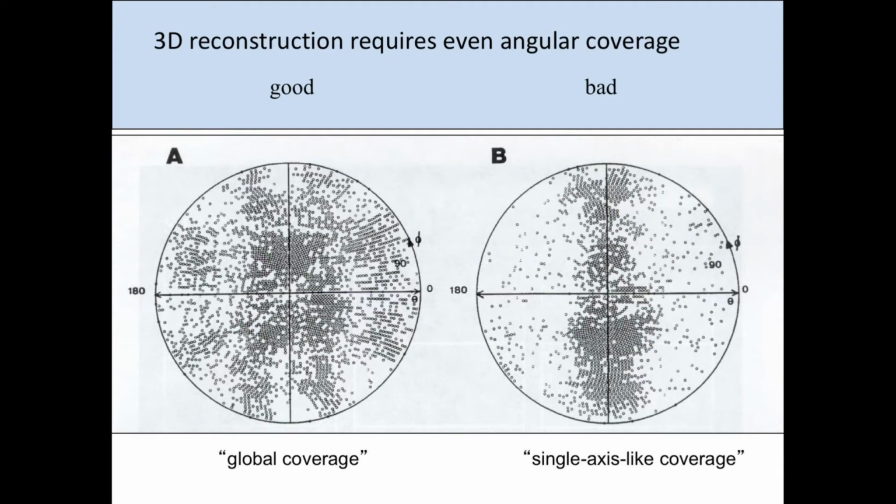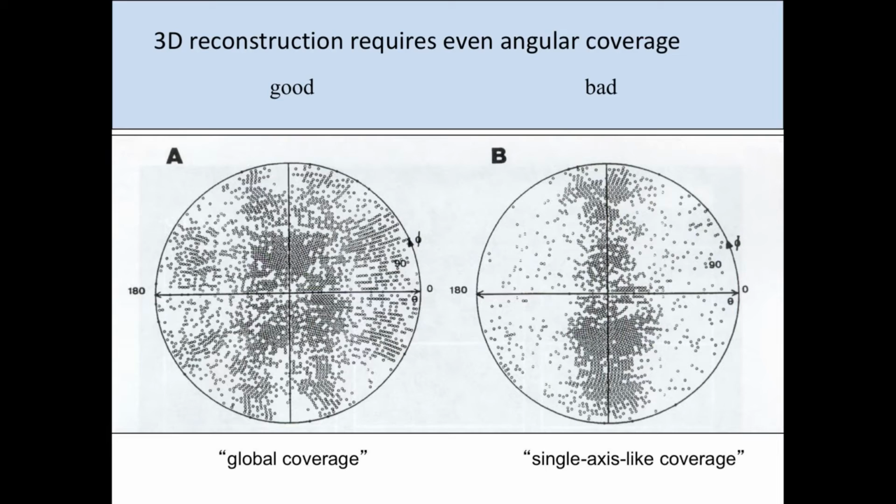So this is a good coverage here, a sort of starry sky kind of representation of all the angles that we see. This here is a bad coverage, even though it is a coverage akin to what you get in electron tomography. Technically, we could get an excellent reconstruction with this one here.